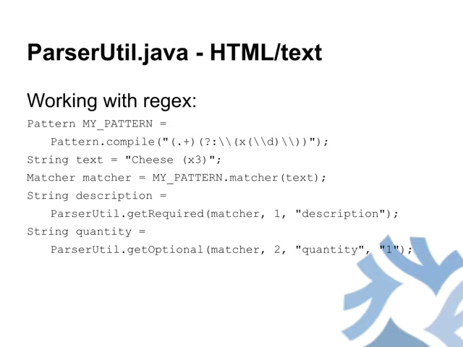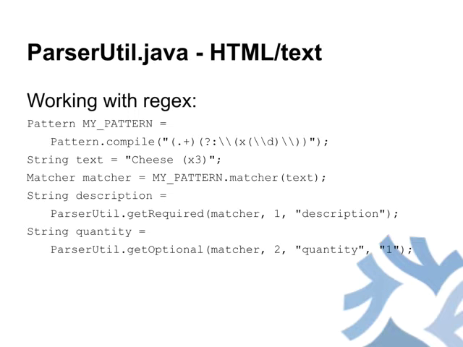ParserUtil.getRequired, passing in the matcher, the group number, and a description of the group. For example, in this one, I'm saying that the description is the text description, and in the getOptional you can see the description is the word quantity. This is used for the logging.